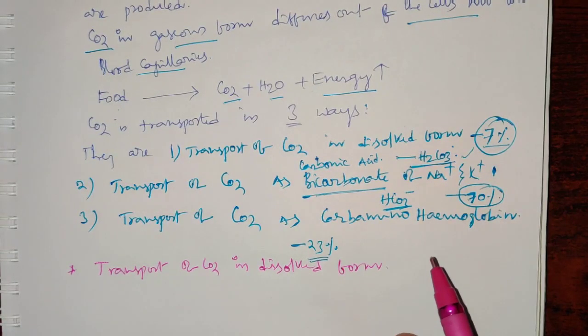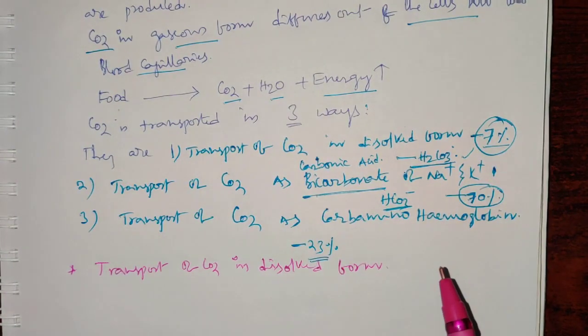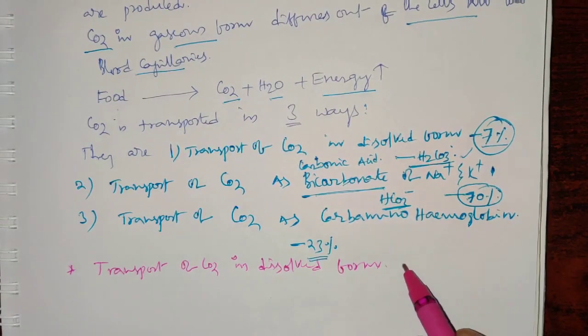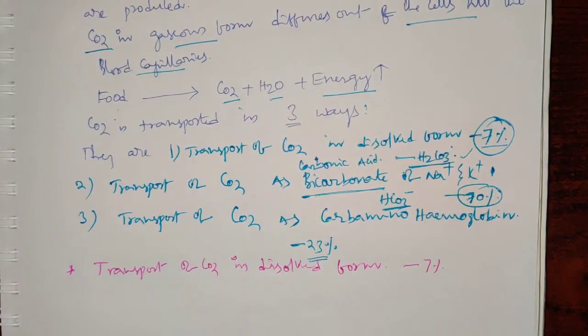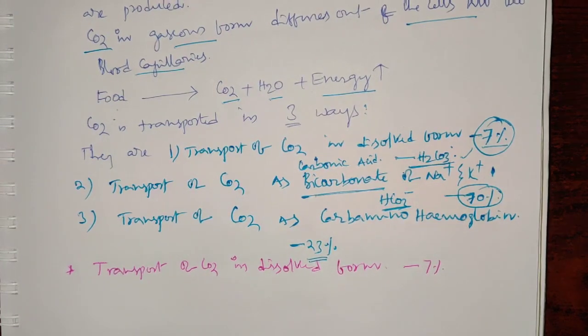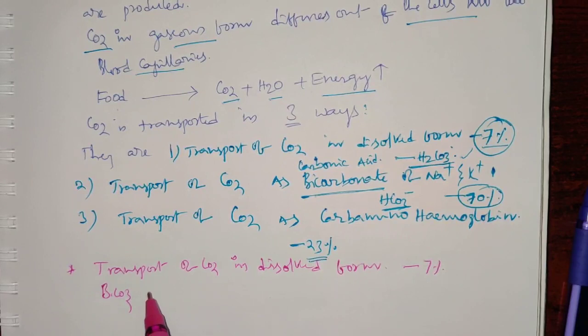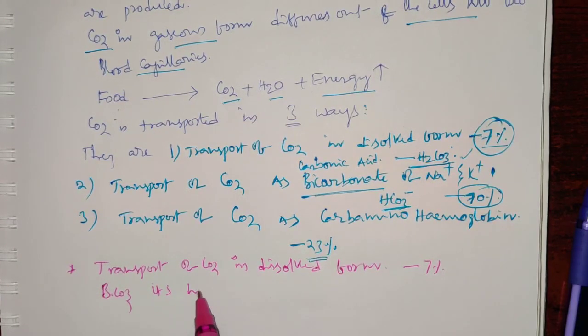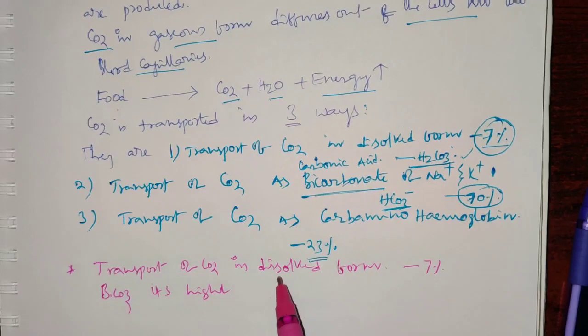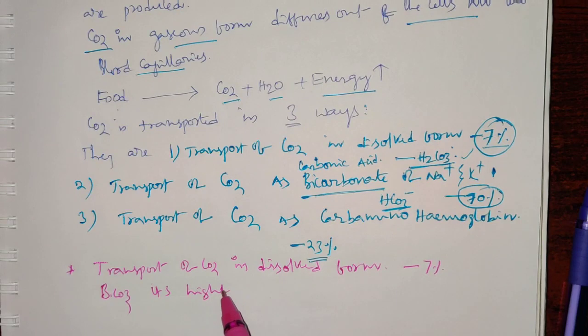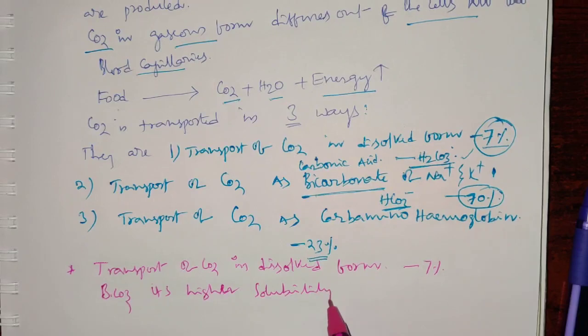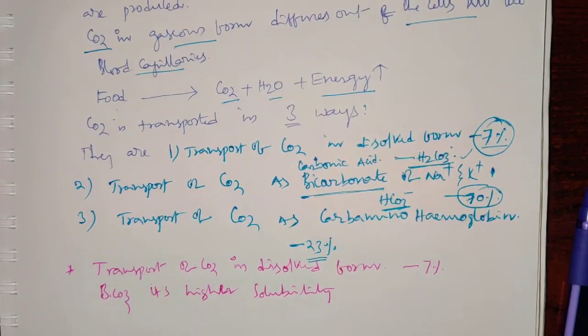Transport of carbon dioxide in dissolved form is about 7%, because of its highest solubility.